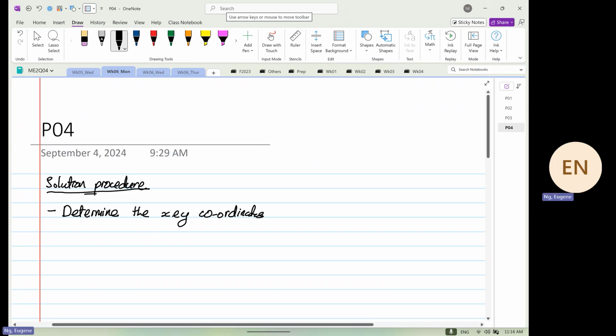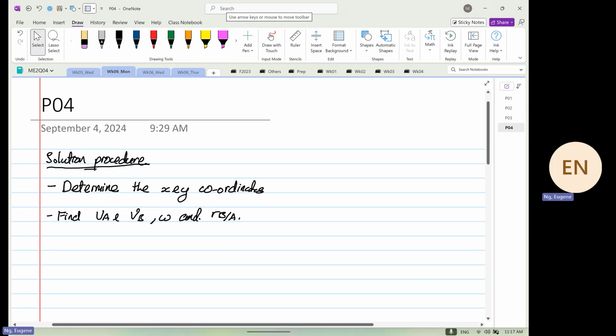Okay, and then we have to find VA, VB, omega, and RB from A. Okay, and then after that, we apply it into the velocity equation. We have VB is equal to VA plus omega cross RB from point A, really straightforward.